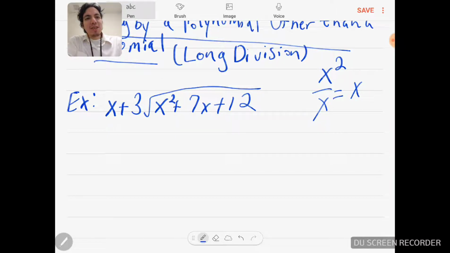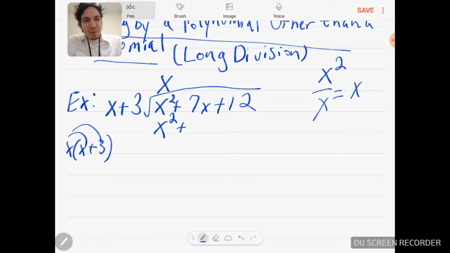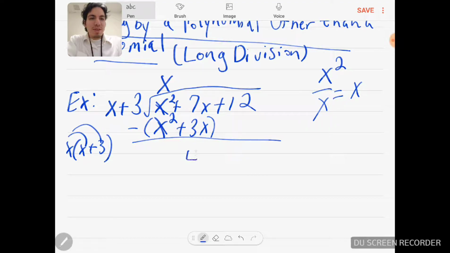So therefore, that's going to be your multiple to multiply by to get the polynomial. So then I get x times x plus 3, and I distribute this, I would get x squared plus 3x, and then, that's what I plug in here, then you subtract like normal. So these x squared terms cancel, and I'm left with 4x, and then I bring down the 12 here.